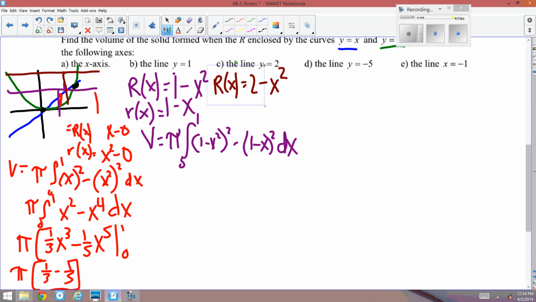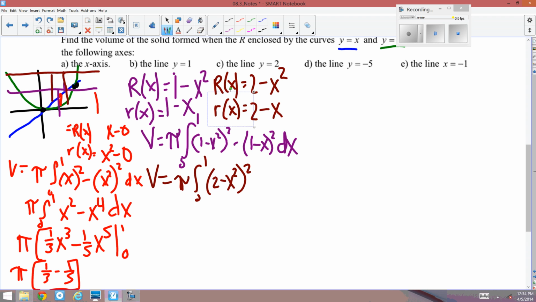The little radius would be here, 2 minus x. To set up my volume, it would be pi times the integral from 0 to 1 of 2 minus x squared squared minus 2 minus x squared dx.